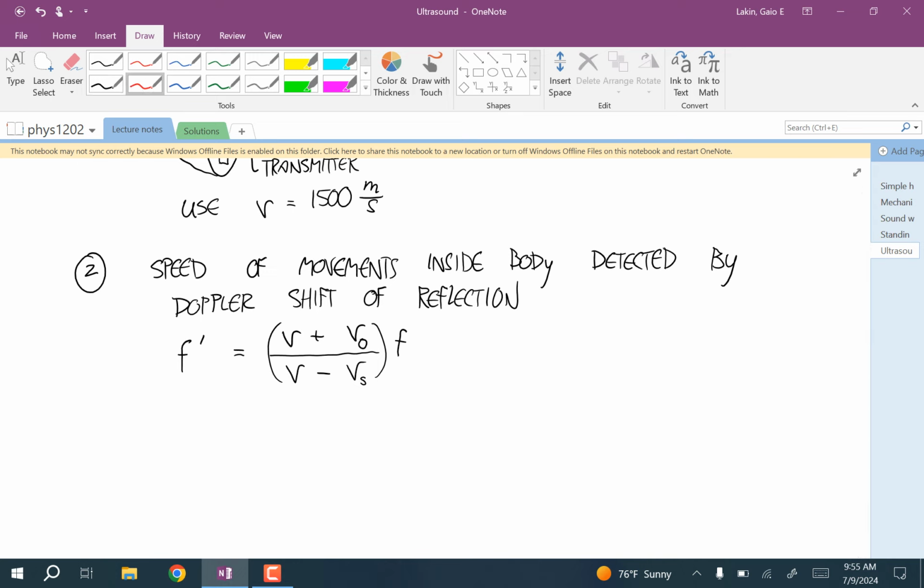Okay, so what represents the speed of the thing that the wave is being reflected off? Well, you can think of that reflection as coming from the source, and so this V sub S in the wave that is detected is the speed of whatever movement in the body you're trying to measure. So this is used, you can do reflections off of blood cells.